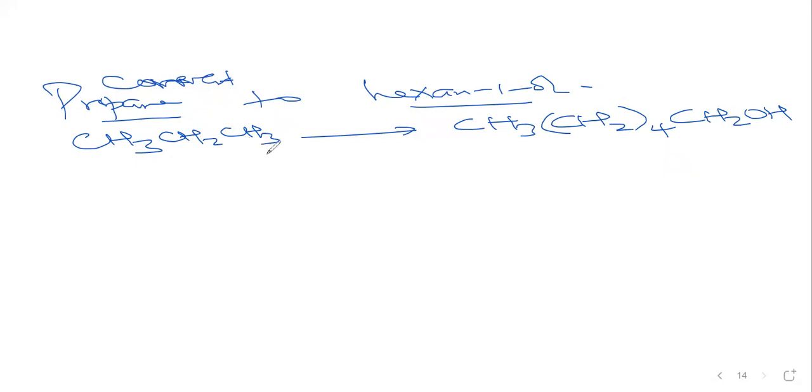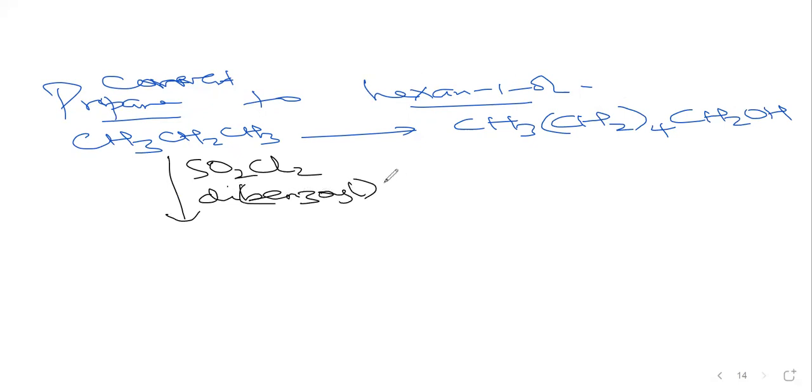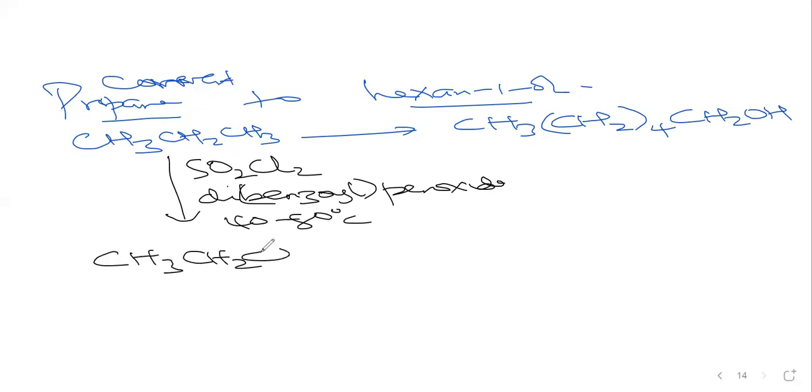I expect you first of all to chlorinate the propane, probably using the sulfuryl chloride and then dibenzoyl peroxide at a temperature of 40 to 80 degrees Celsius. This will give you CH3CH2CH2Cl.